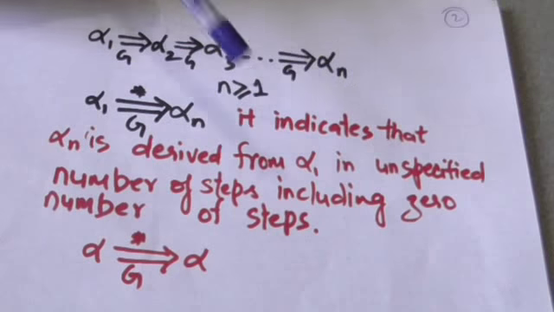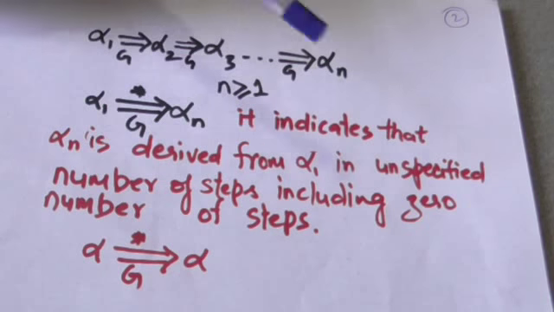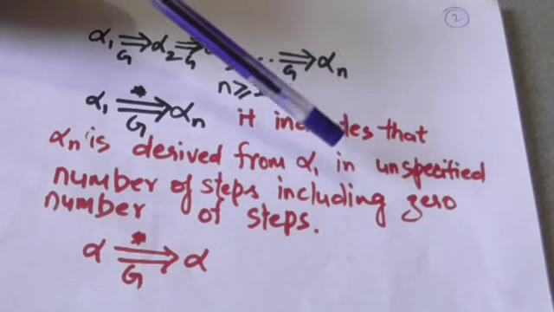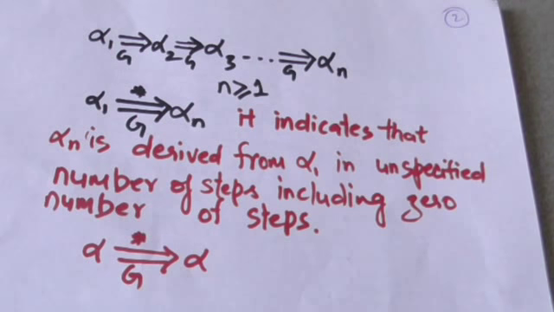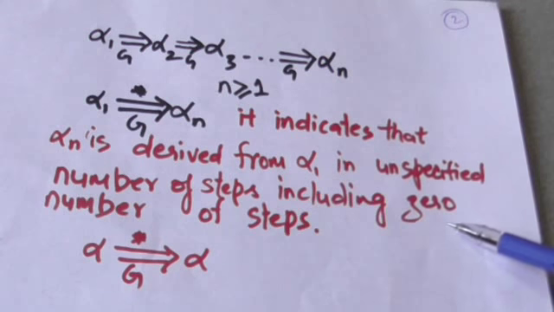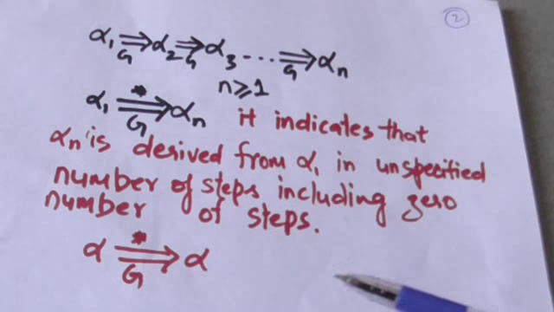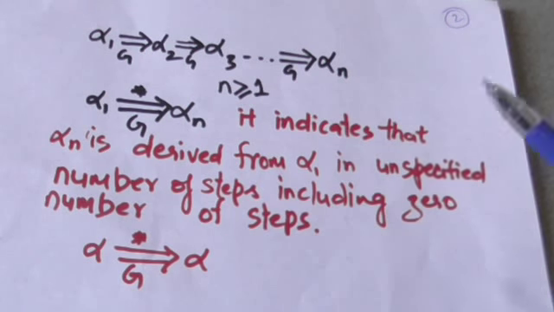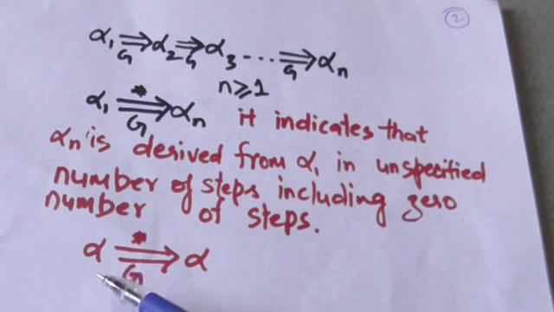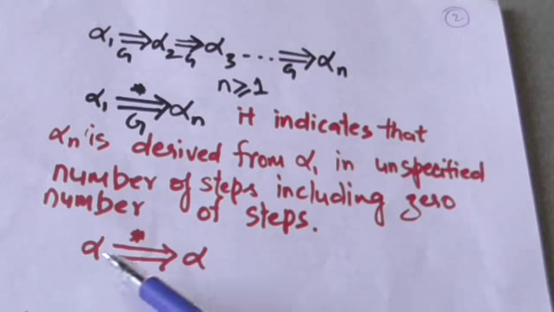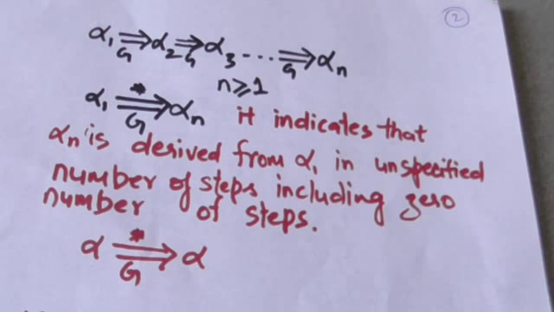It indicates that alpha n is derived from alpha 1 in an unspecified number of steps, including 0 steps. So for each string alpha, this is also true, right?